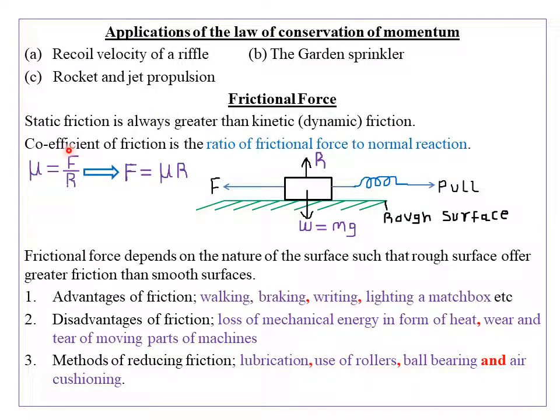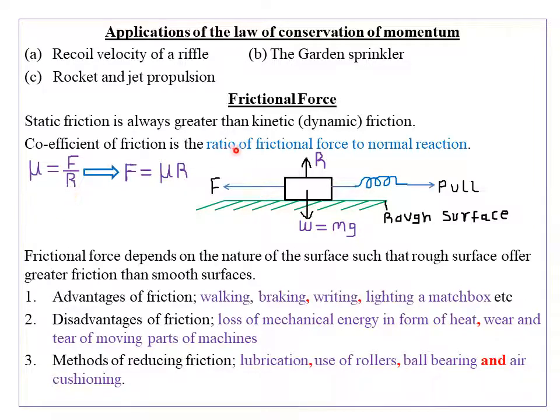Then we have the coefficient of friction, which is defined as the ratio of frictional force to the normal reaction. The coefficient of friction is denoted by the letter mu, a Greek letter. Frictional force is denoted by F, and R is the normal reaction.